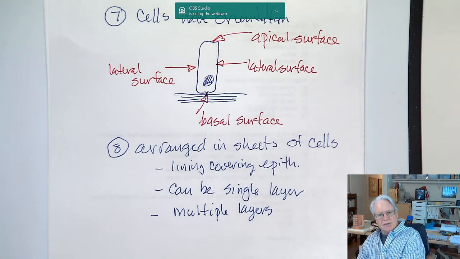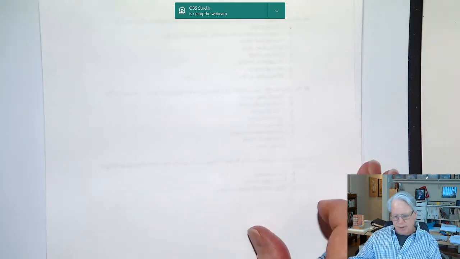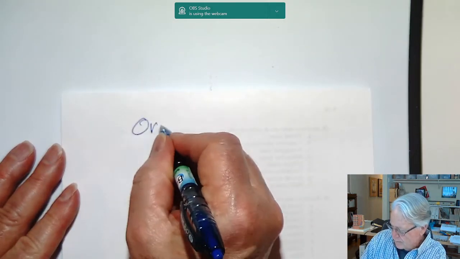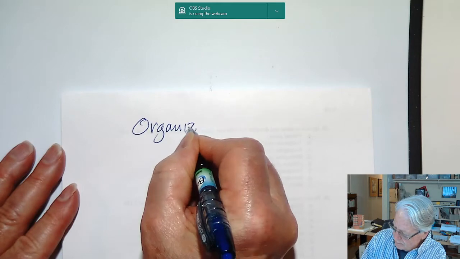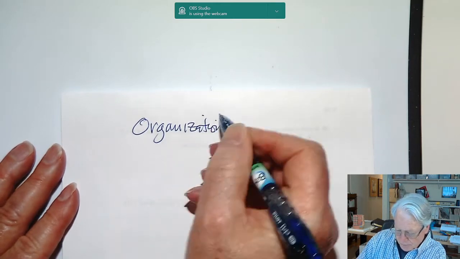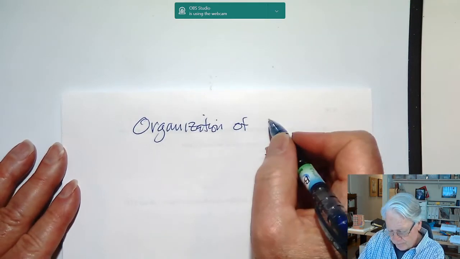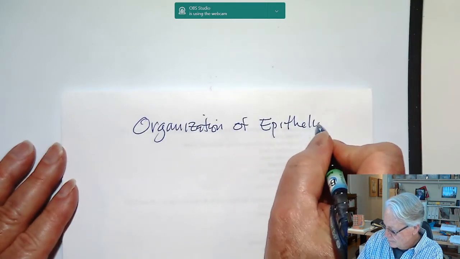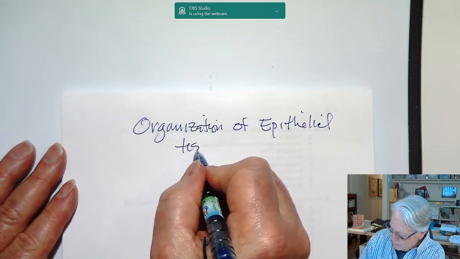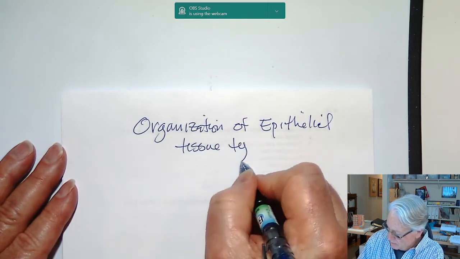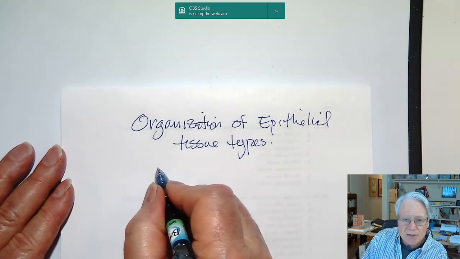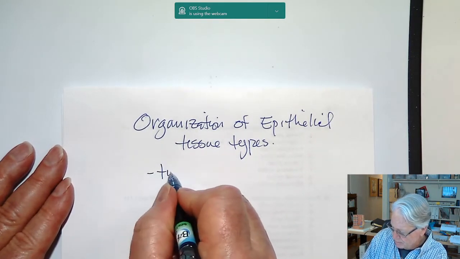So this is going to be labeled organization of epithelial tissue types. Okay. We're going to do this by using two characteristics.